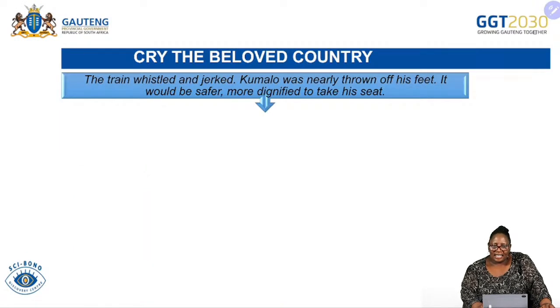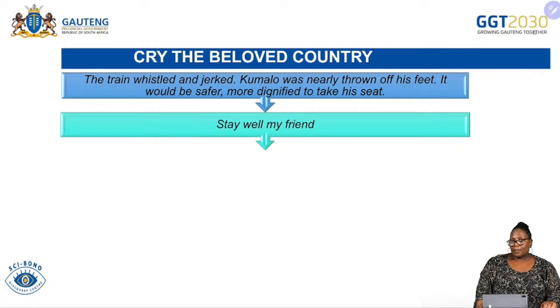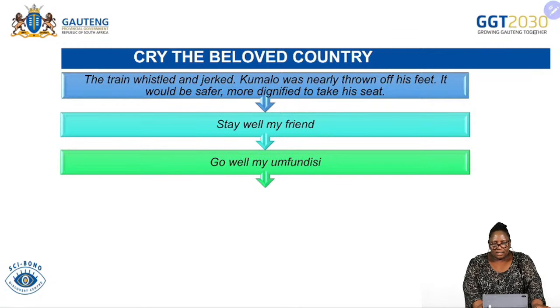Let's read an extract from Cry, the Beloved Country. "The train whistled and jerked. Khumalo was nearly thrown off his feet. It would be safer, more dignified to take his seat." And somebody who was accompanying him says, "Stay well, my friend.